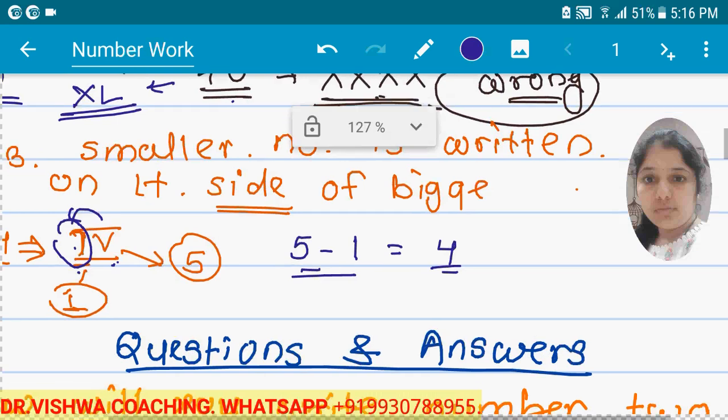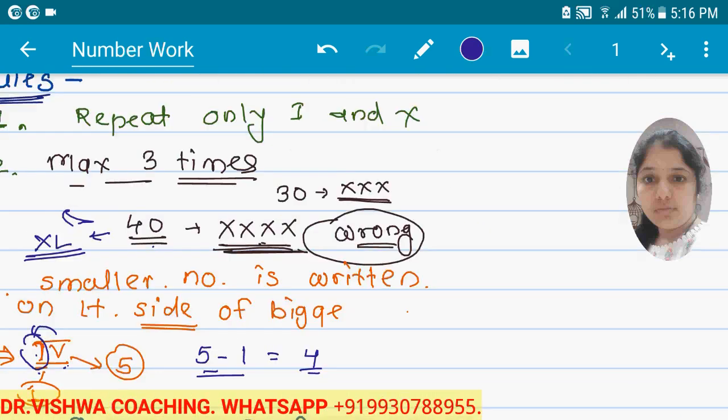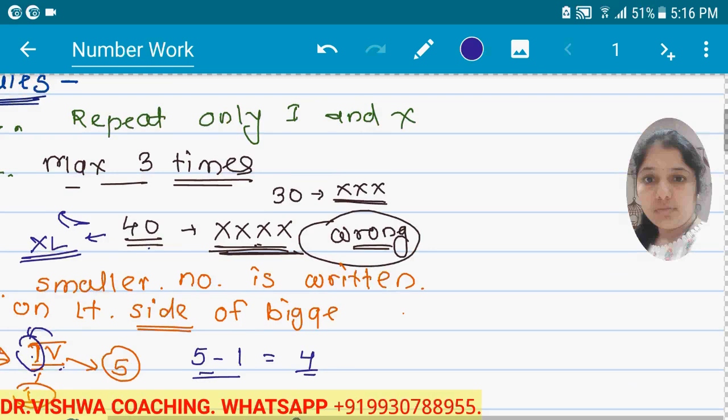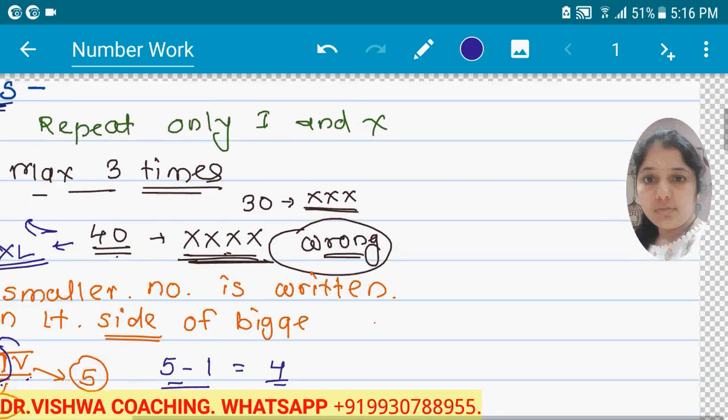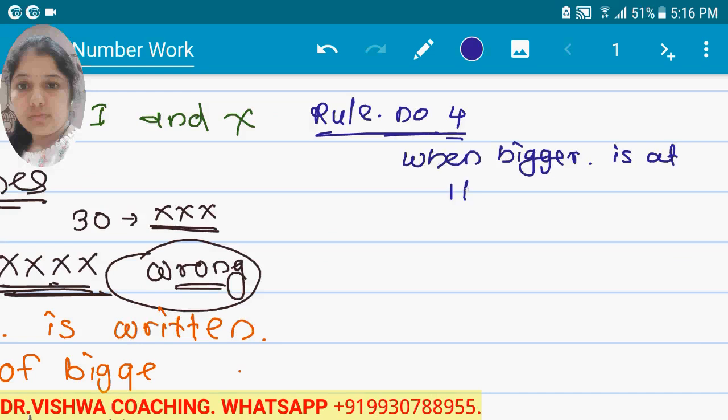Rule number 4. What is rule number 4? When the bigger number is at the left side and the smaller number at the right side.